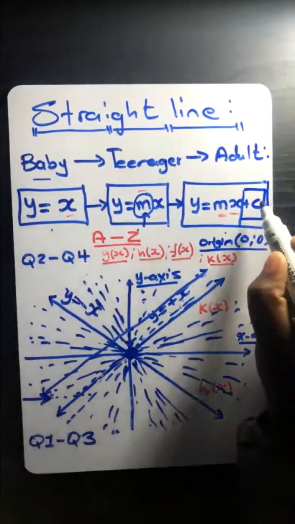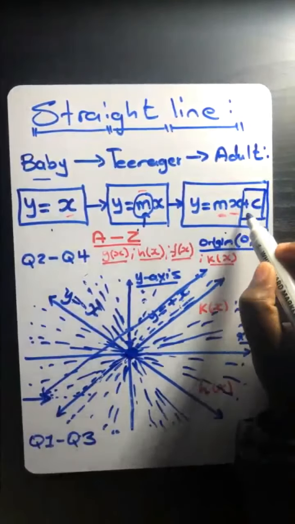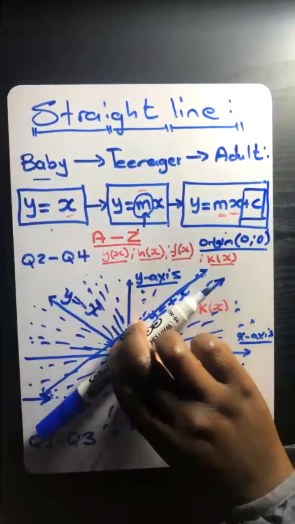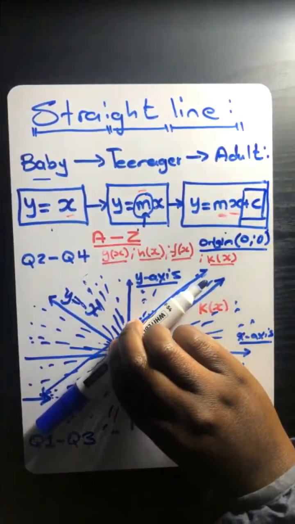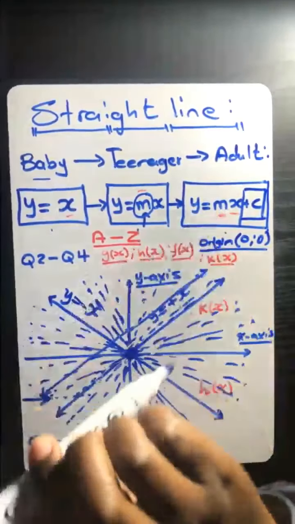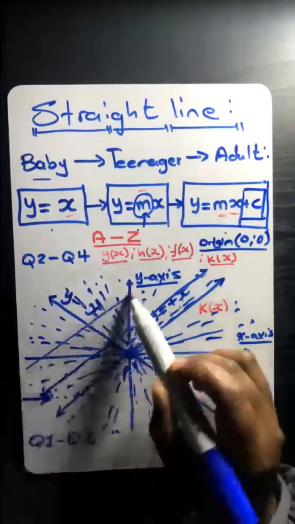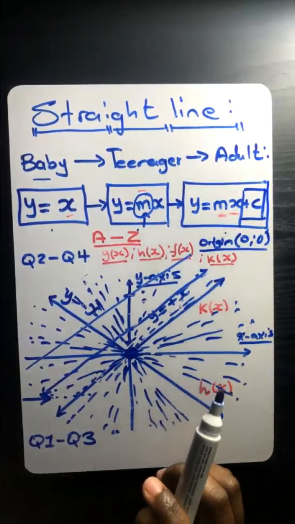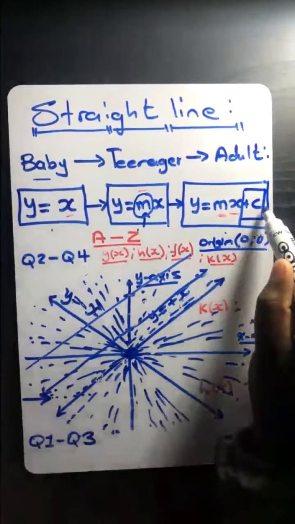So if there I've got plus 5, that means that straight line which was passing through the origin is now shifted 1, 2, 3, 4, 5 vertically upwards by 5 units. Massively important, ladies. So now, what if it's a minus?